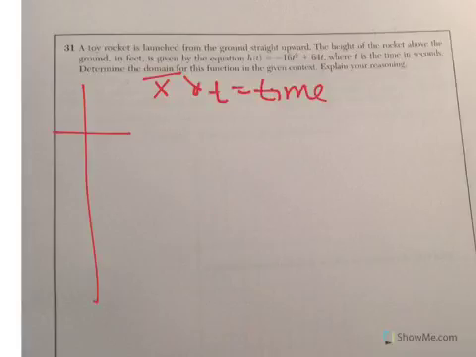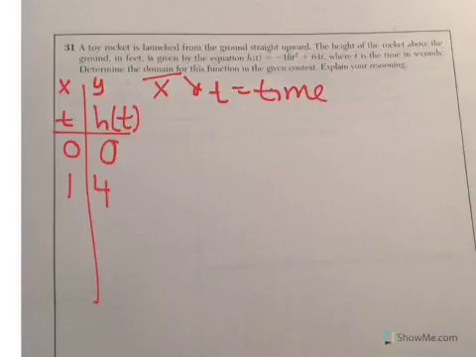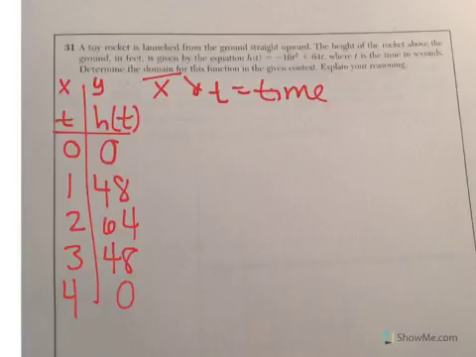So if I type this into my graphing calculator and I look at my x and y values, which in this case is really t and h of t values, time and height, I'll see that 0 time is a 0 height, a time of 1, which is 1 second, is a height of 48, and that height is in feet. 2 seconds, I'm at 64 feet. 3 seconds, back to 48, and at 4 seconds, I've hit the ground and I'm at 0.